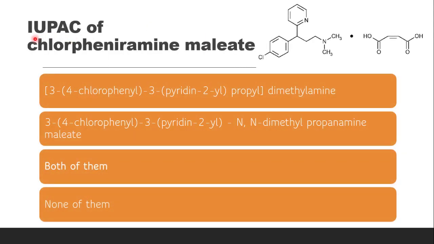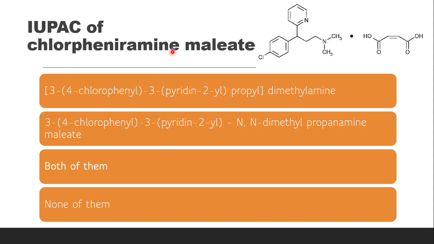Next question is, the IUPAC name of chlorpheniramine maleate. The structure is chlorpheniramine maleate. This is the malic acid structure and this is chlorpheniramine. Chlorpheniramine contains this pyridine ring and this chlorophenyl ring, and the alkyl chain is propane, that is CH2 with 3 carbons, and N(CH3)2, that is dimethylamine.